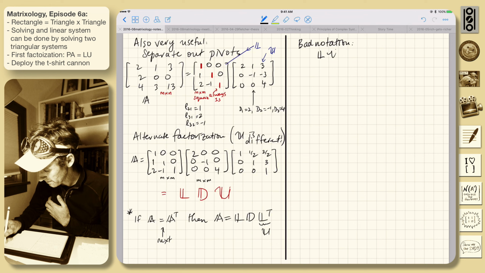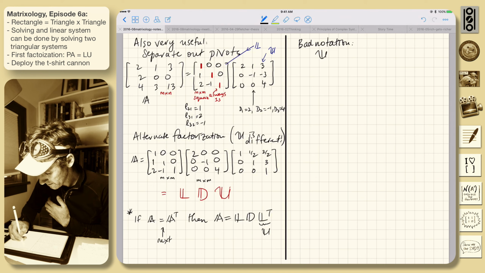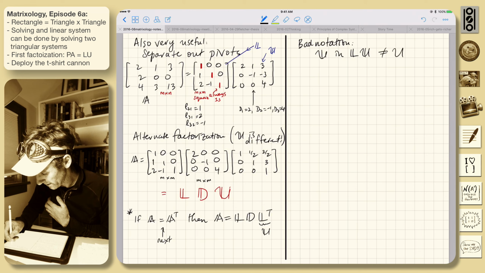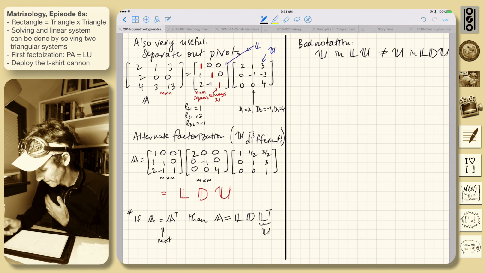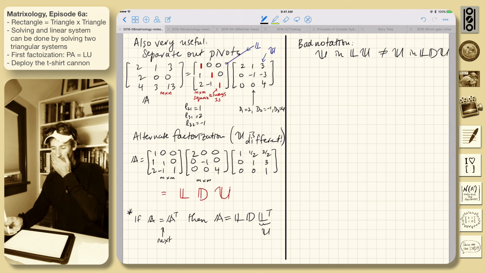The U in LU is not necessarily equal to the U in LDU. Only if all the pivots are 1.